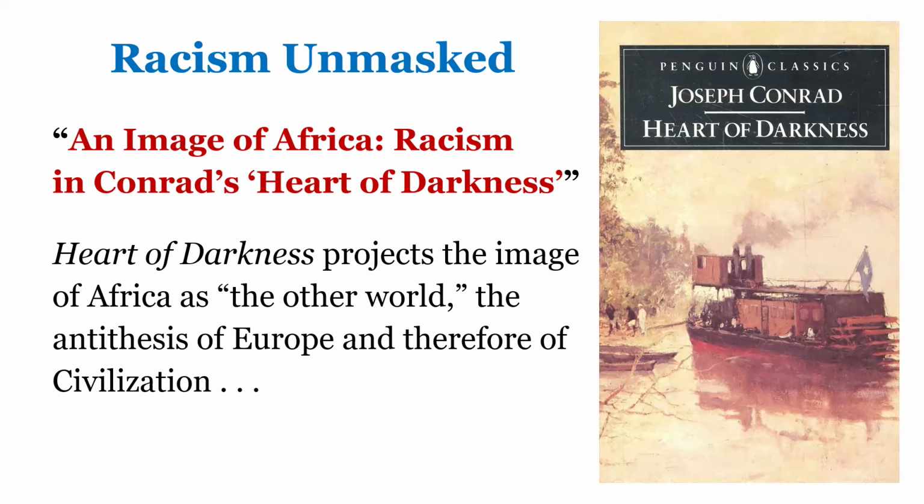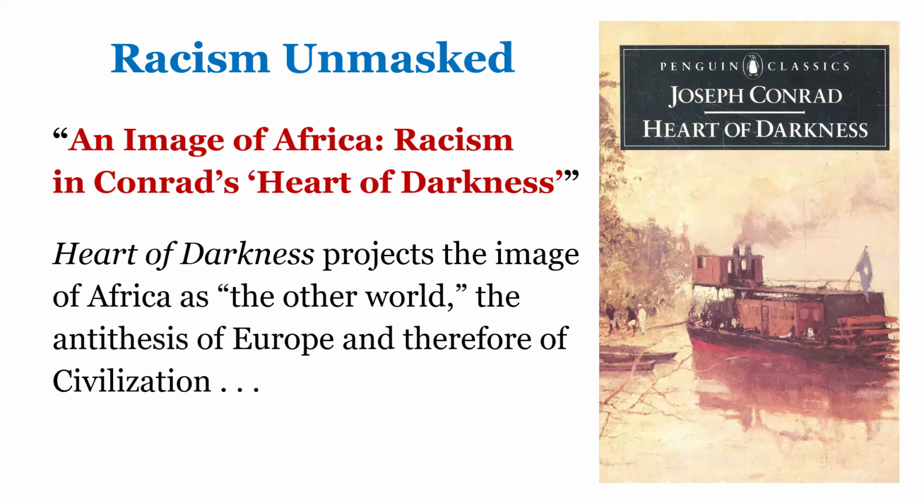In this essay, he declared that Joseph Conrad is a racist, because the portrayal of Africa in this novel is racist. So he says, Heart of Darkness projects the image of Africa as the other world, the antithesis of Europe and therefore of civilization.